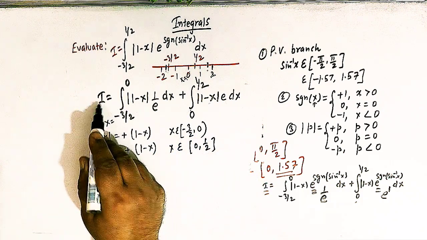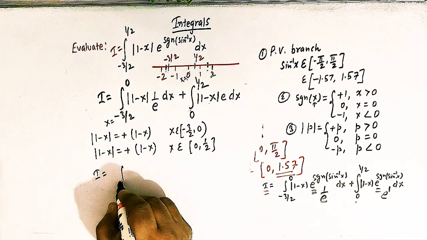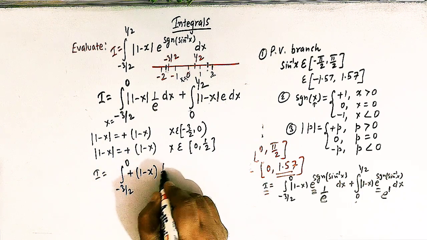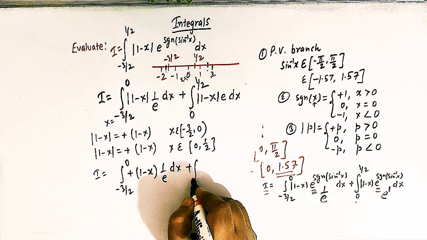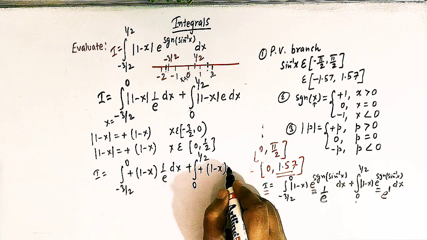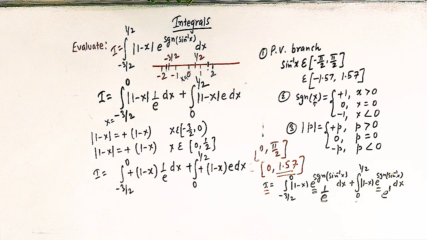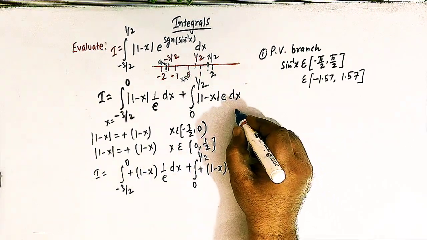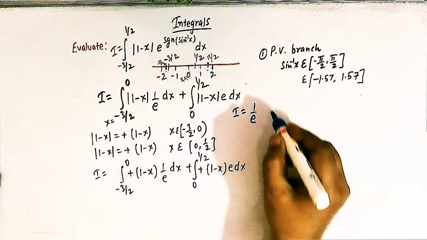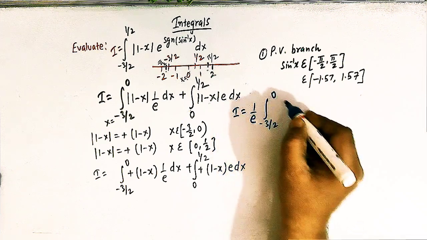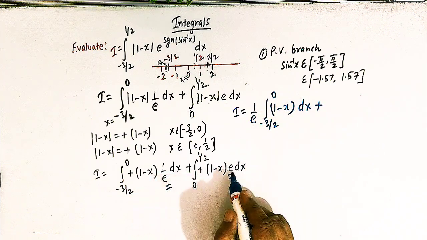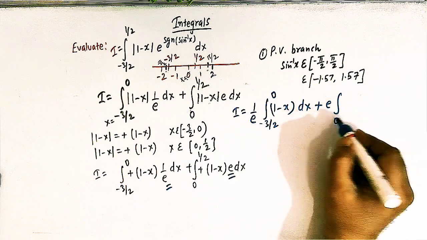Okay, so now we can write I is equal to the integral from minus 3 by 2 to 0 of 1 minus x times 1 over e dx, plus the integral from 0 to half of 1 minus x times e dx. Taking 1 over e outside the integral, and taking e outside the other integral, we have 1 over e times the integral of 1 minus x dx from minus 3 by 2 to 0, plus e times the integral of 1 minus x dx from 0 to half.